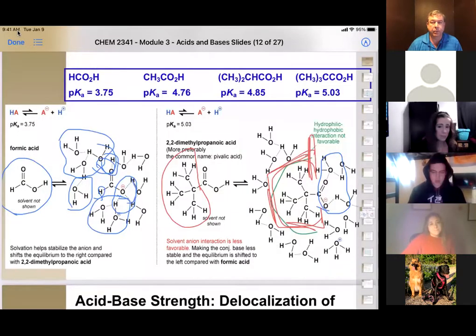So let me go ahead and start sharing my screen where we are in acids and bases. Okay, because we just finished with solvent effects. So let's go ahead and share my screen. And that's not going to work because it's not plugged in. Let's see, I got to move it once and leave it alone.